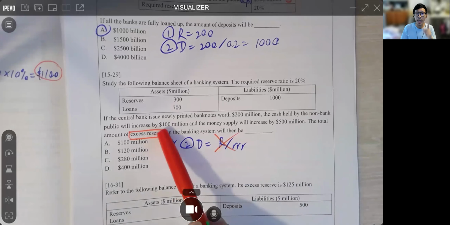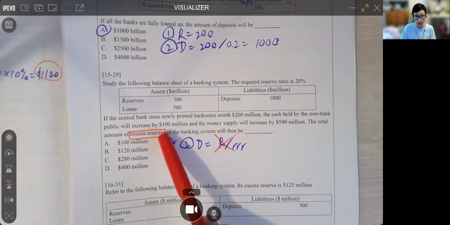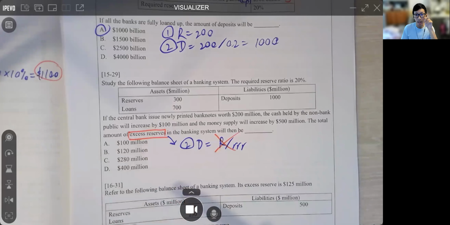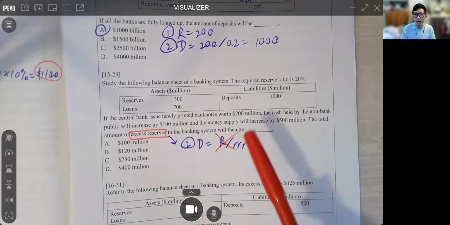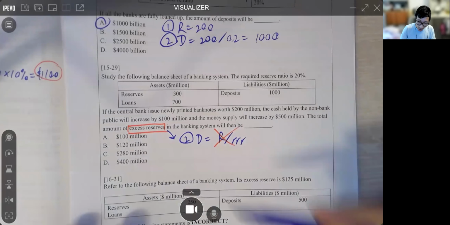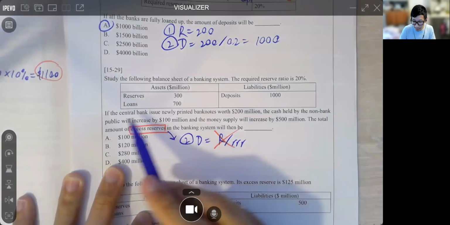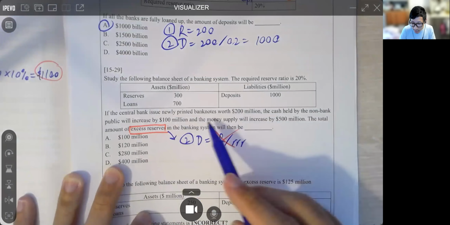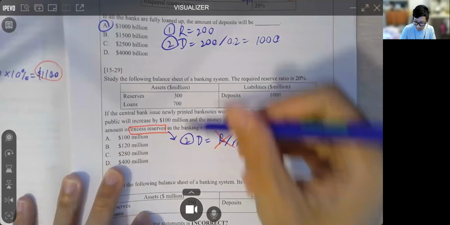But if we have excess reserve, 即係有冇借晒出去啊？冇，即係咪 maximum 啊？No. Therefore, we cannot use any formula this time. Okay. All we know is that central bank issue this newly printed banknote.